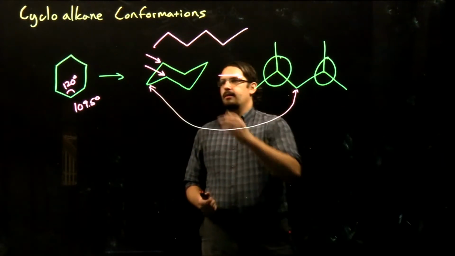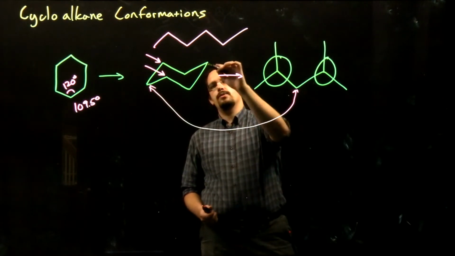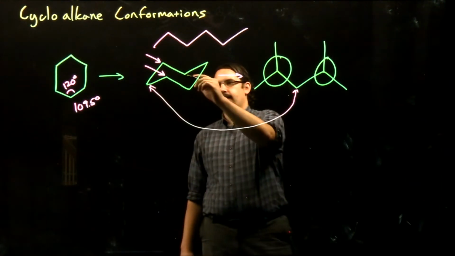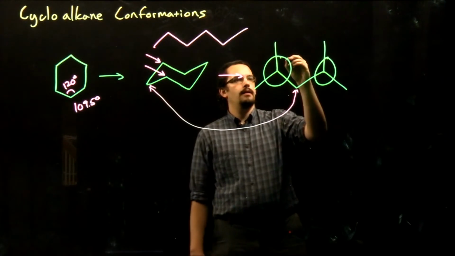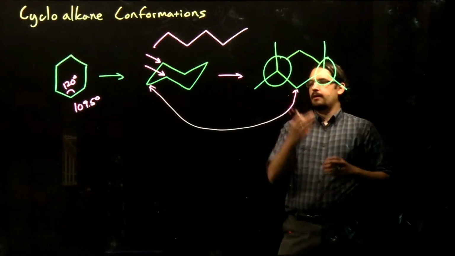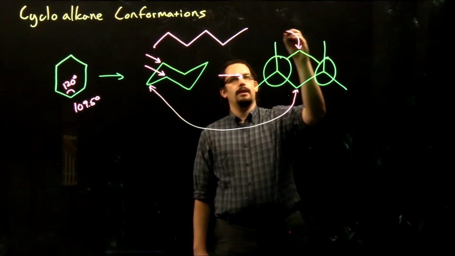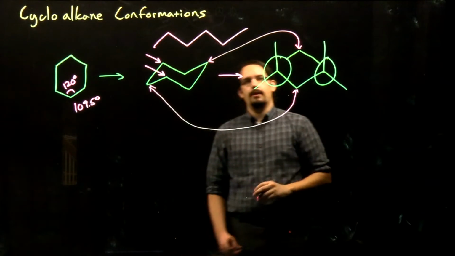In the back, my bonds are going to be coming up to a carbon up there. So I'm looking at these 2 carbons in the back. I've got my bonds coming out at the back together to meet the back point of my ring. So this point here is the same as this carbon right here.